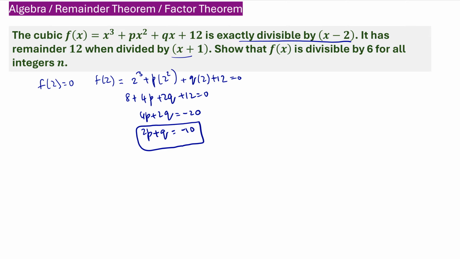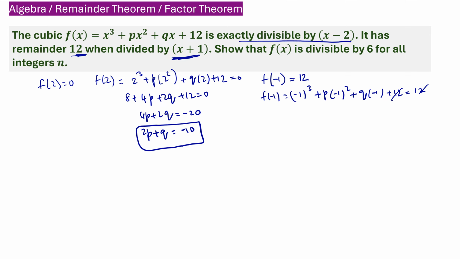Next part says that it has remainder 12 when divided by x plus 1. So if there is a remainder, that would mean that f of minus 1 should be equal to 12. So what I can do is replace x by minus 1. f of minus 1 equals minus 1 cubed plus p times minus 1 squared plus q times minus 1 plus 12, and that is equal to 12.